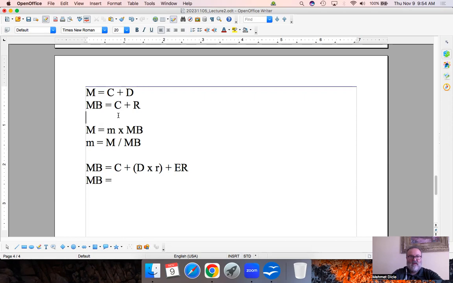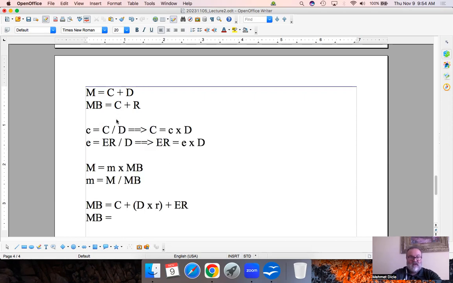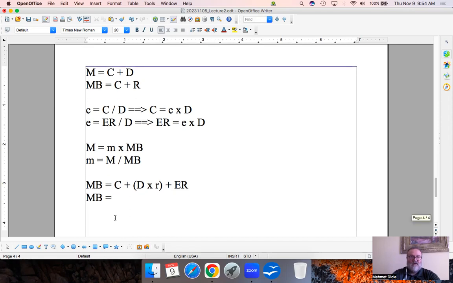Just put it right here. I'm actually going to erase it in a minute, because all I'm trying to do now is to substitute these into my monetary base equation, right? For the C, I'm going to use the currency ratio times deposits, plus, well, I want to have the small letters first, the required reserve ratio times the deposits.